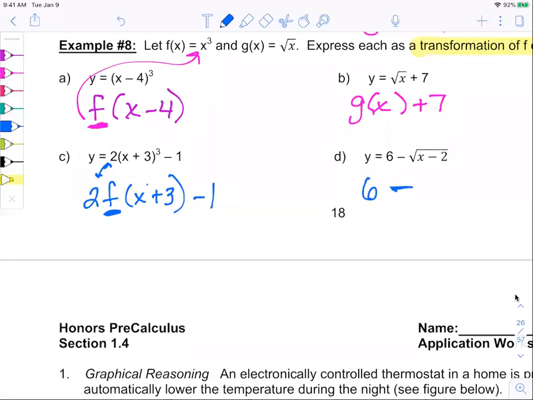Instead of using the square root, I would use the function g. Underneath the square root is x minus 2. So that means it's with x, in parentheses, it has to be x minus 2. But again, if I compare the two, they look almost identical. It's just I don't have that square root in it anymore. We have the function notation for g.